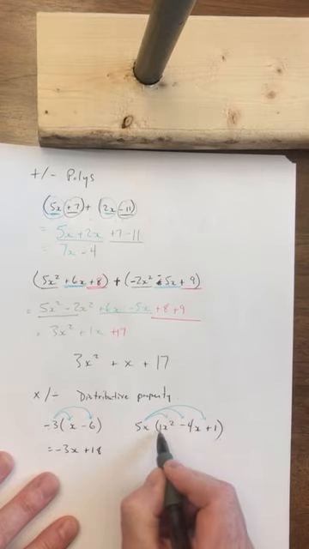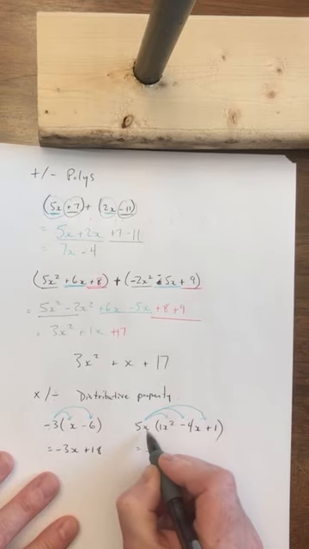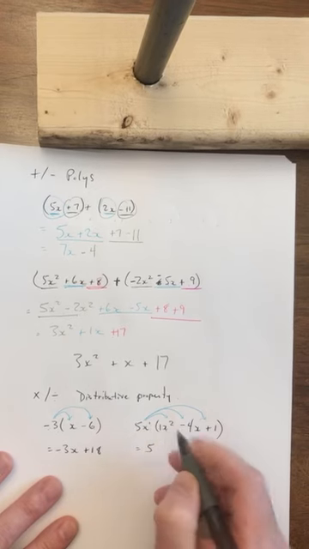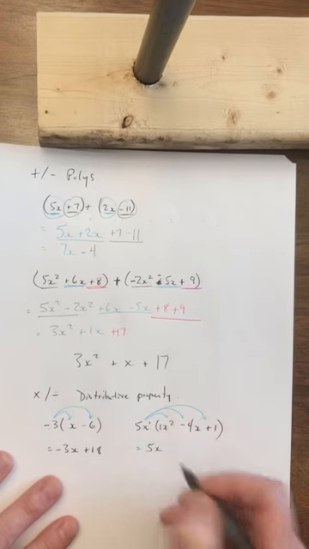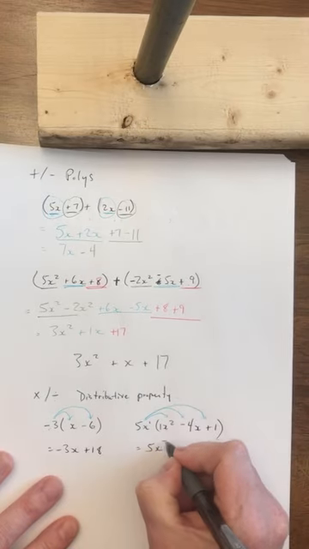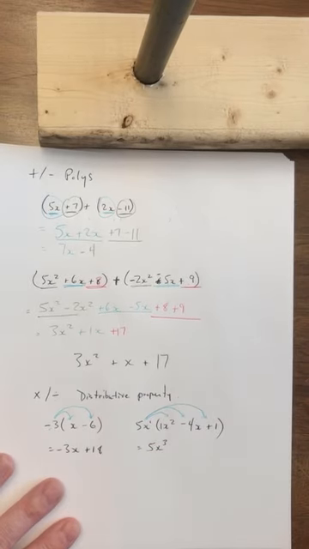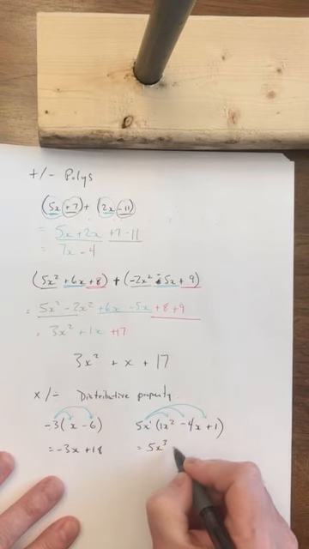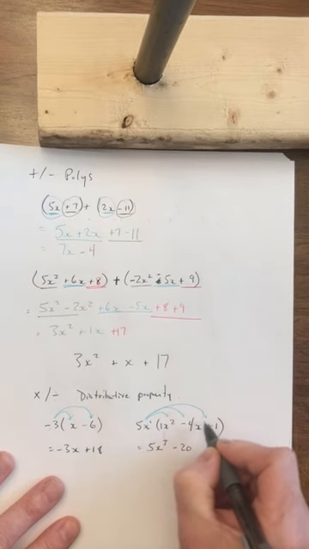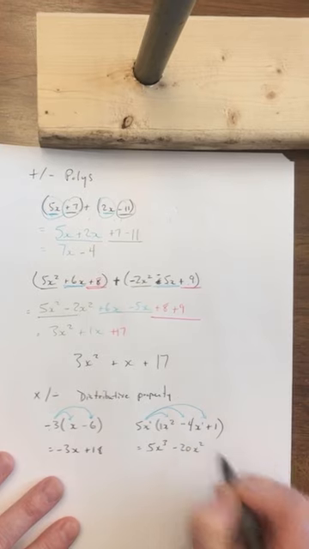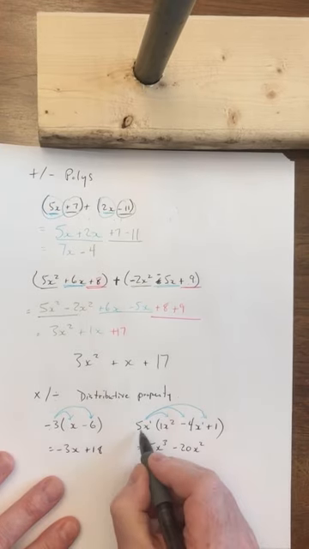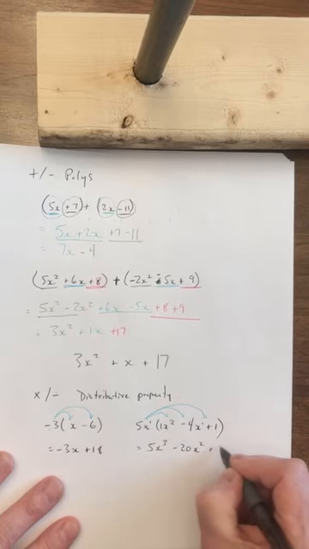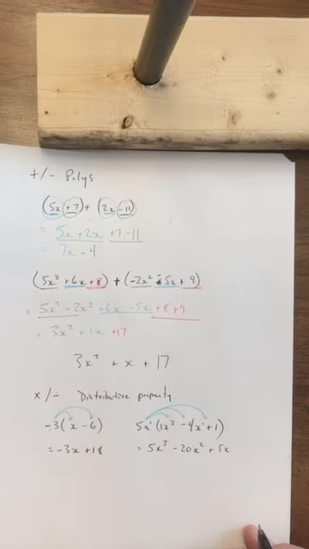So it's 5 times 1, which is 5. x1 times x2. Keep the base, add the exponent. 5 times negative 4 is negative 20. x1 times x1, keep the base, add the exponent. 5x times 1 is just 5x.